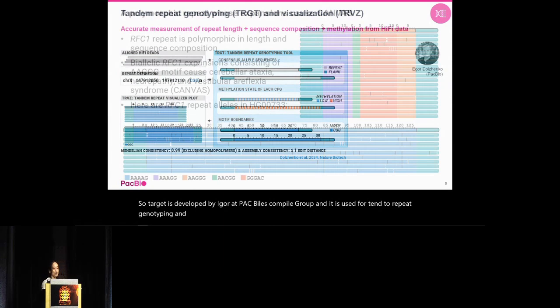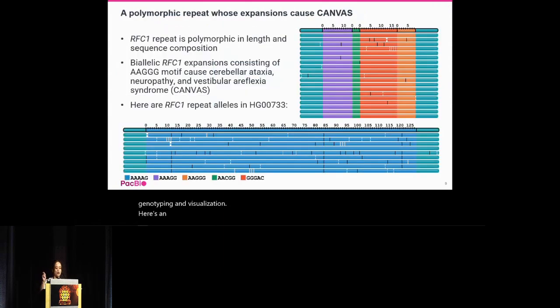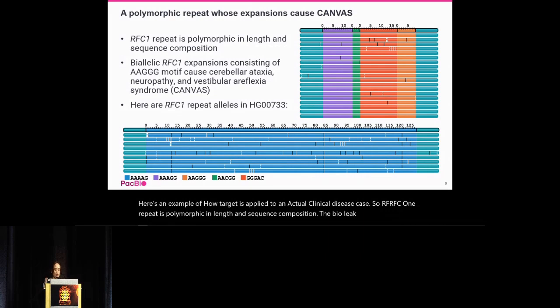Here's an example of how TRGT is applied to an actual clinical disease case. The RFC1 repeat is polymorphic in length and sequence composition. The biallelic expansion consists of several different pentanucleotides, and the AAGGG motif is known to cause CANVAS disease. So if you look at this particular sample, there are two haplotypes.